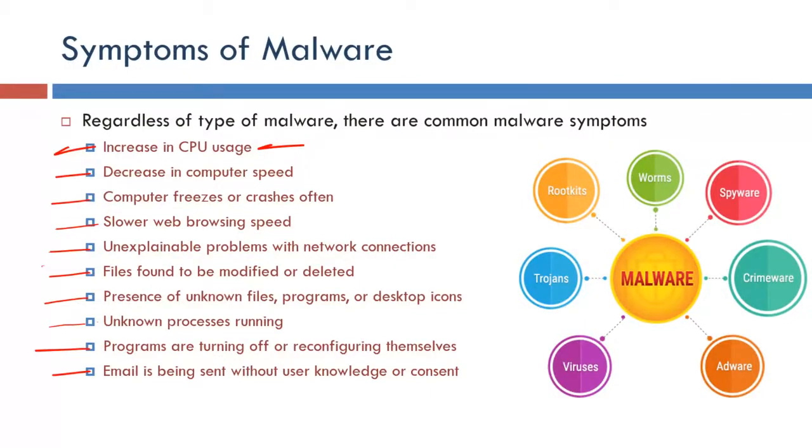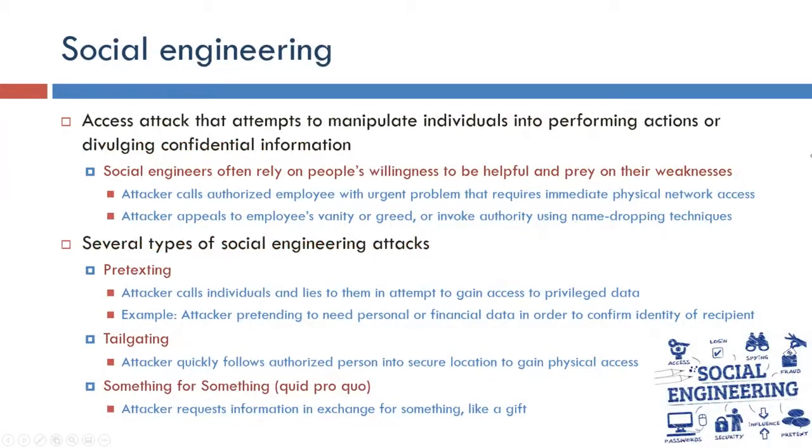So this is a very late stage of being infected. If you notice any one of these, just be careful and try to investigate if your computer has malware. Of course, malware includes all kinds of malware that we talked about last time. Remember what we talked about last time? These are the kind of things that we talked about.